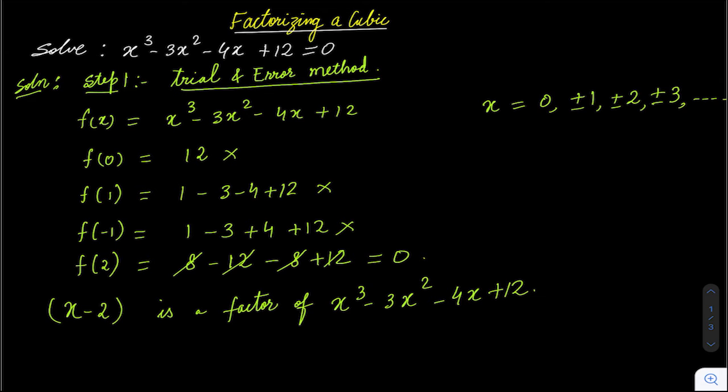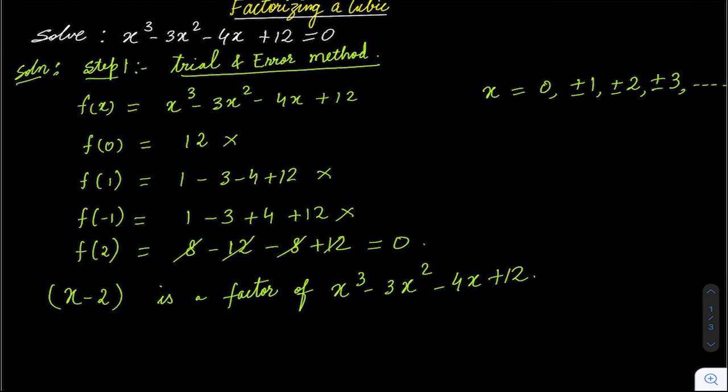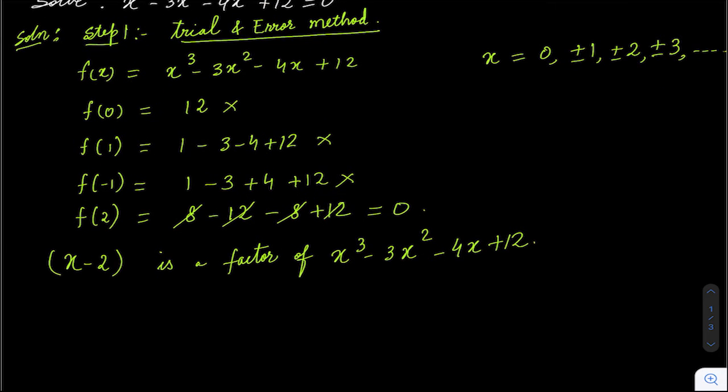So using this trial and error method, we get one factor. You can get multiple factors also, by going for minus 2, plus 3, minus 3 like this. But generally we get only one, and then we go for step 2.